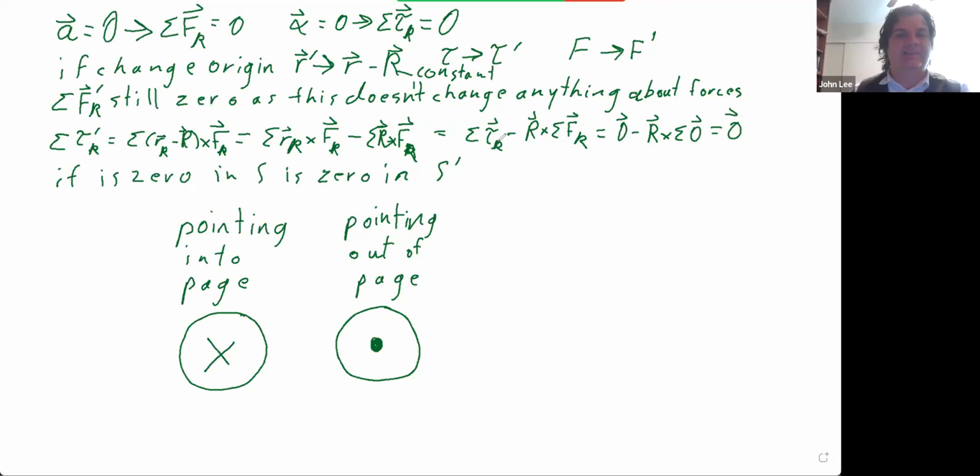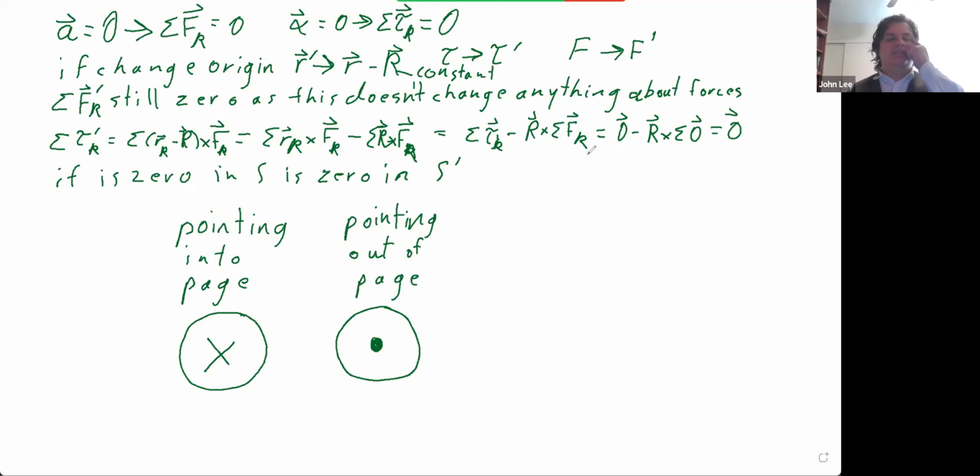So in this case, the original torques are equal to 0 because that was our state for there being static equilibrium. And then R cross the sum of the original forces is going to be equal to 0 because the sum of the original forces is also equal to 0. So this is 0 minus 0, which is equal to 0.